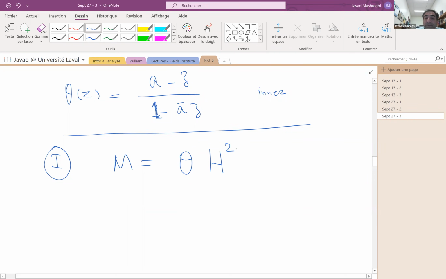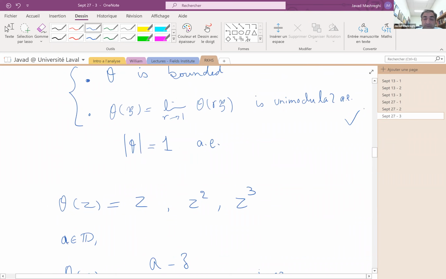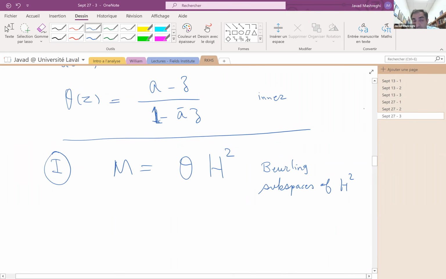These are called Beurling subspaces of H2. Based on this unimodular property, it is easy to show that they are closed. That's the easy part. Therefore, it is an RKHS by itself.